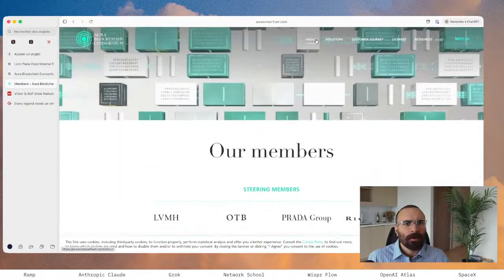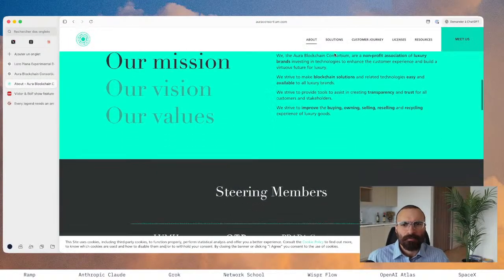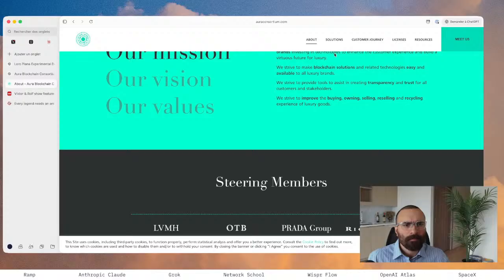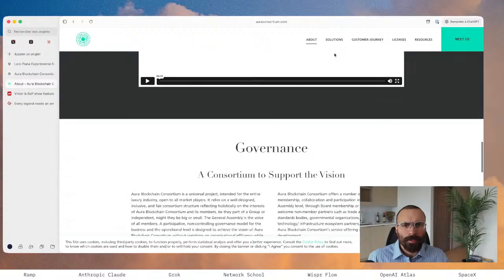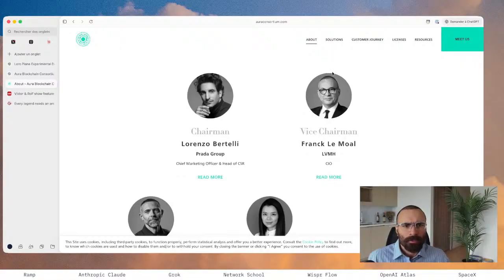Very interesting. I think we saw the about section. Collaboration for the greater good. Steering members, board of directors. Okay, so chairman, right, they want the partnership between the two brands, Prada. They want one guy representing each company to make it run properly.